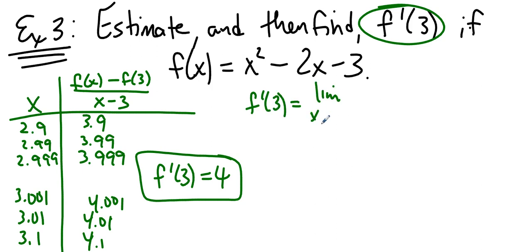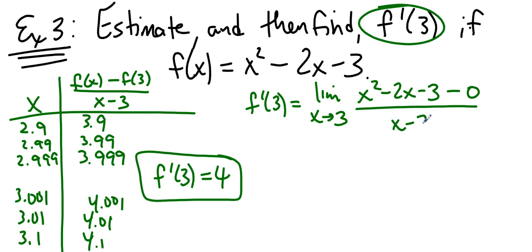How? Well, it's the limit as x approaches 3 of f of x minus f of 3. Well, what's f of 3? 9 minus 6 minus 3, 0, over x minus 3. And you're saying, I'll just throw in the 0 over 0. You knew that was coming. So the numerator factors, go figure.